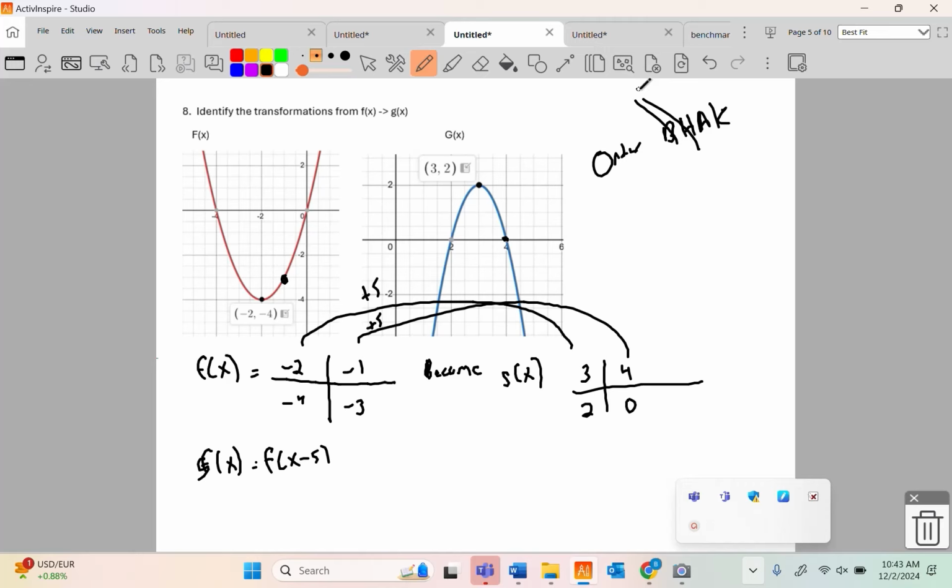Then we have the a. Now, this is where it gets fun. I know a is negative, and it's a multiplier of y. Those are the things I know.